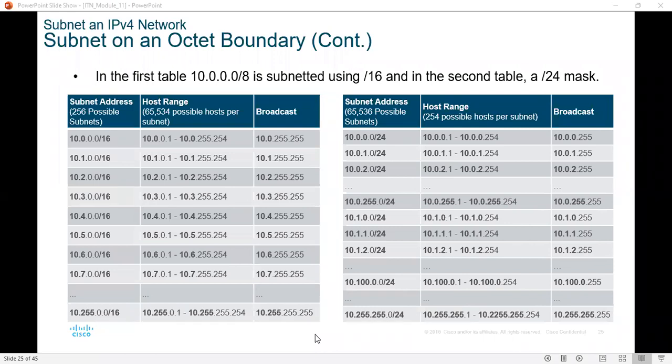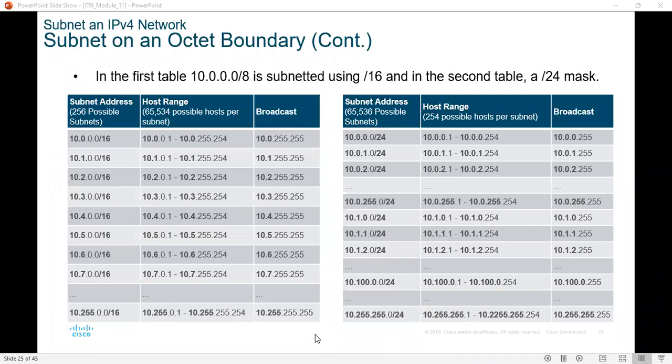So now we've been able to know the number of hosts if we are using /16, right? But ideally, what is the class of 10.0.0.0? In classful addressing, what class is 10.0.0.0? Class A. Good.